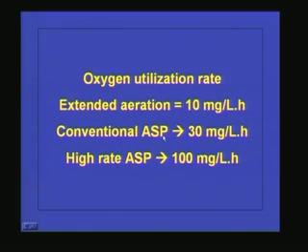In the conventional activated sludge process, the oxygen utilization rate is 30 milligram per liter per hour, and in the high rate activated sludge process, it is 100 milligrams per liter per hour. So, we should provide a system which is able to supply this much oxygen in the given time.